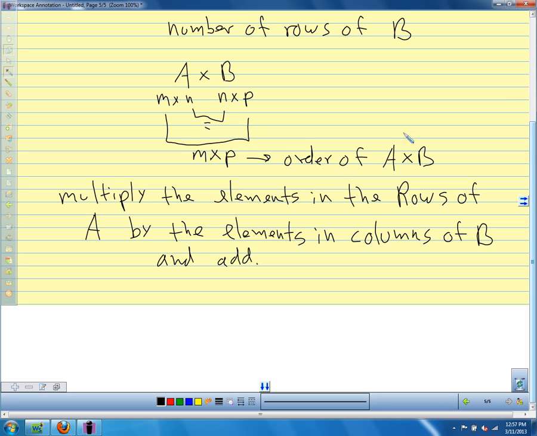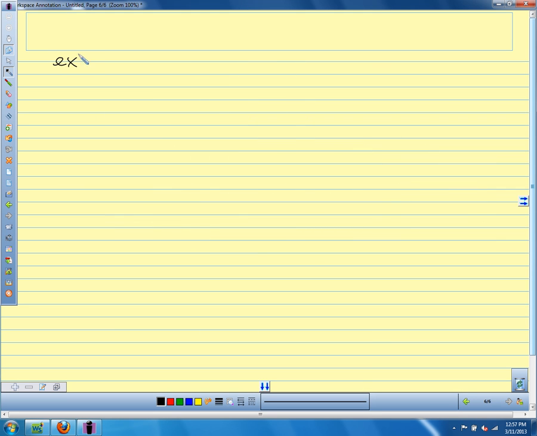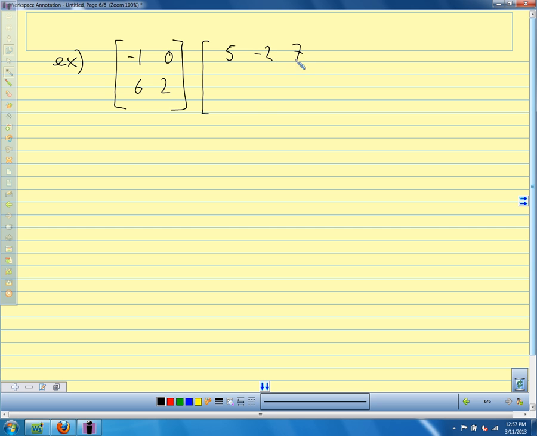All right, questions on this part? So let's do an example. We want to do [-1, 0; 6, 2] and we're going to multiply by [5, -2, 7; 1, 0, 3].